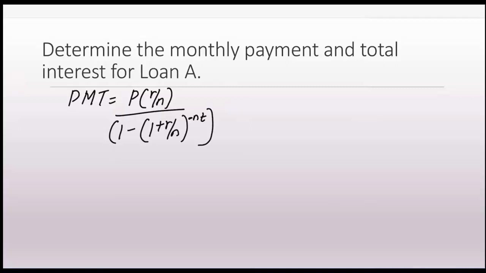My principal value is $20,000. The rate is 7%, so in decimal it is 0.07. I pay every month, so N is equal to 12. And I pay for the whole 3 years, so time is equal to 3.